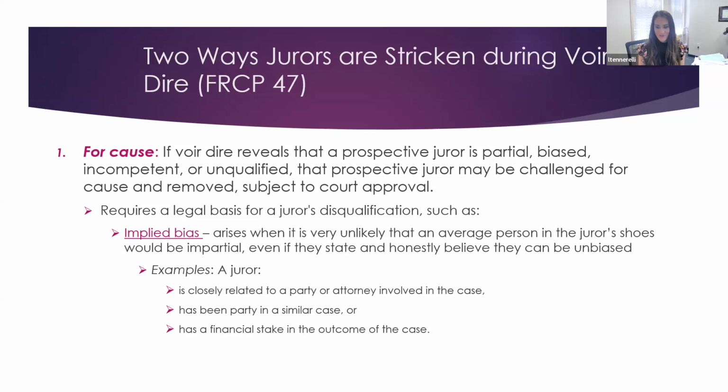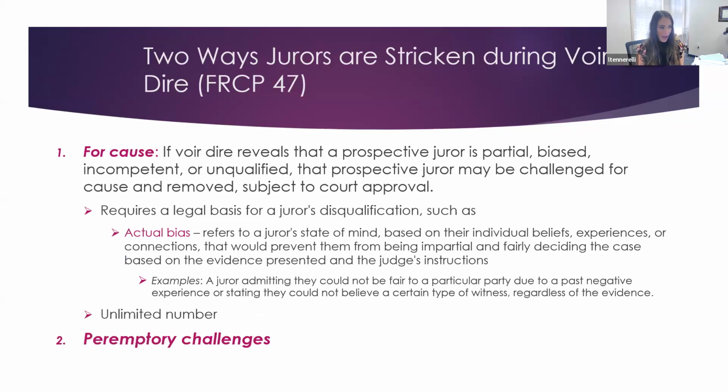Yeah. So actual bias is when someone says, based on their beliefs, experiences, that they wouldn't be able to reach a particular outcome, or they couldn't believe a certain type of witness.